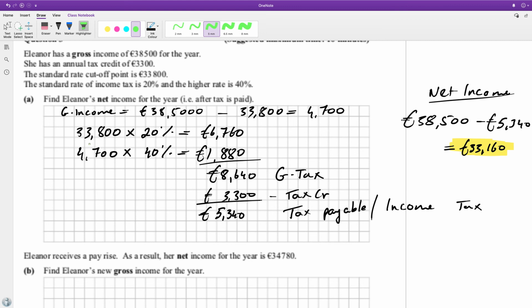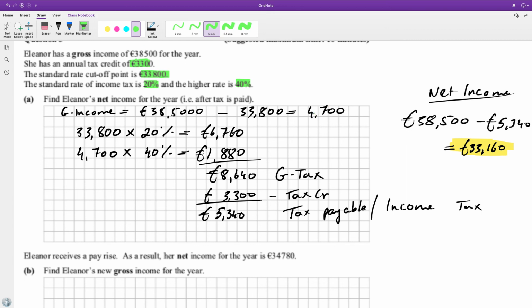Anything not going to change. Is our tax credit going to change? Is our standard rate cutoff point going to change? Is 20% going to change? Is 40% going to change? So none of them are going to change. Just the top one, our gross income, that's going to change.